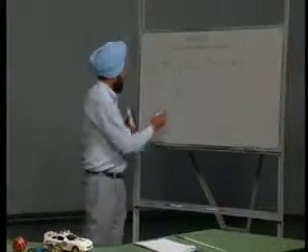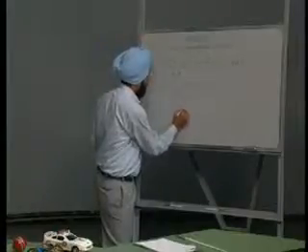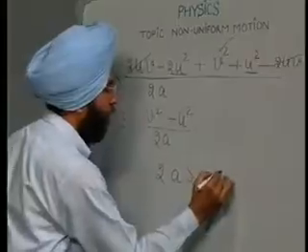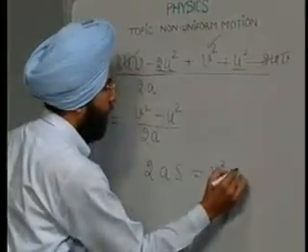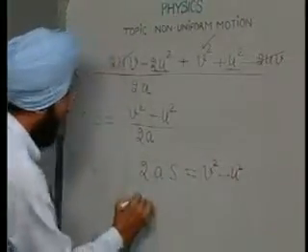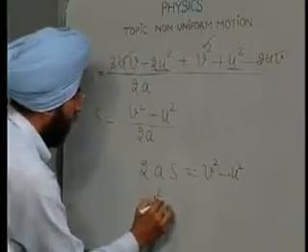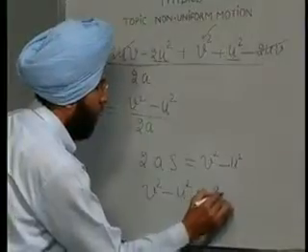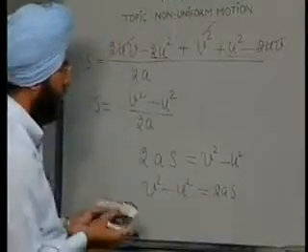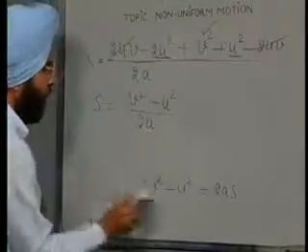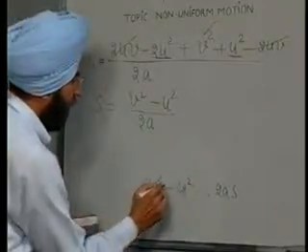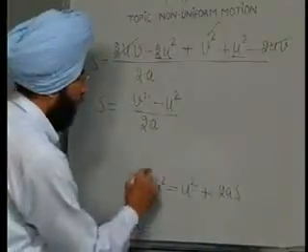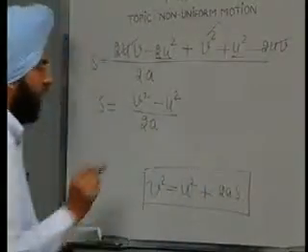So, if we transpose, we can write this as 2 a s is equal to v square minus u square, or v square minus u square is equal to 2 a s, or we can write this as v square is equal to u square plus 2 a s.